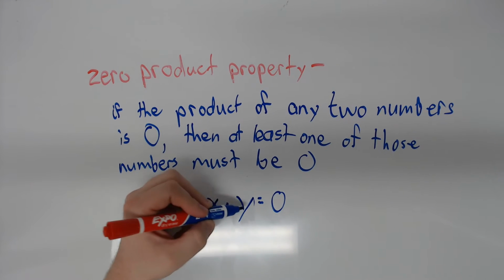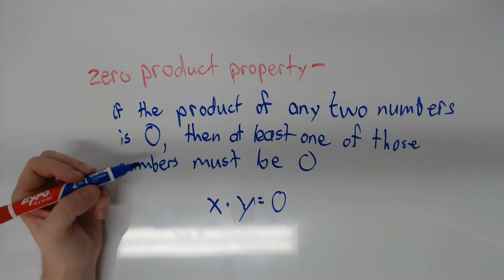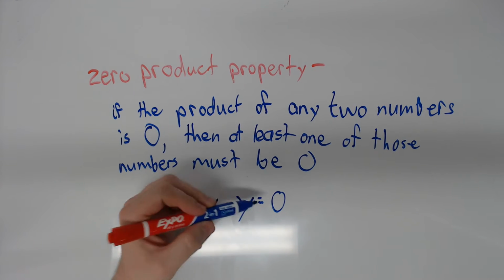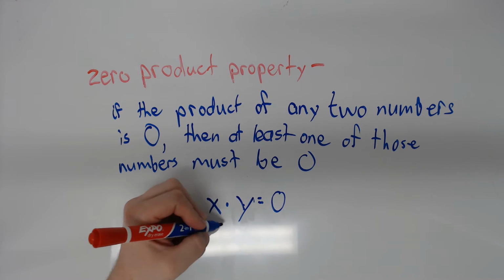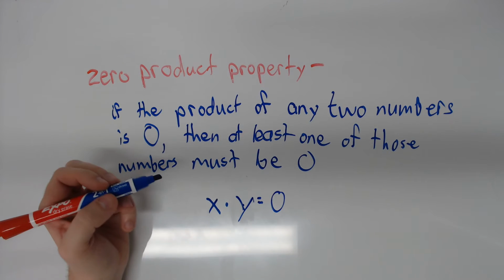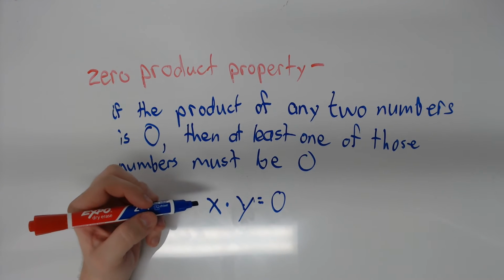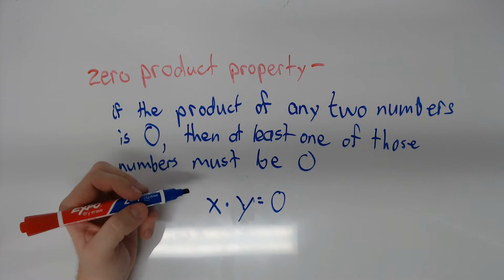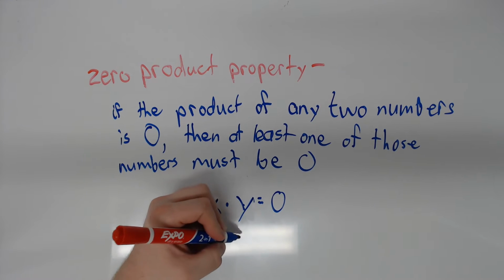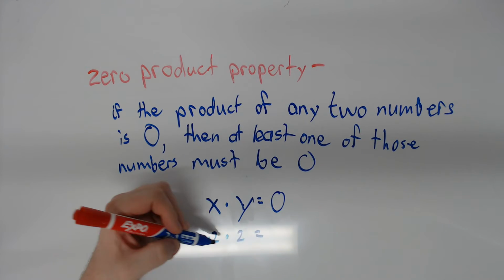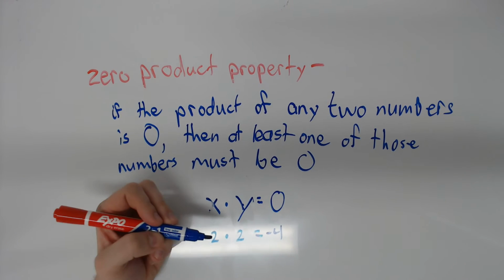I don't know which of these is 0, x or y, but at least one of them has to be for this to be true. Can you think of any two numbers multiplied together that would make 0 without either of them being 0? The answer should be no. If I do -2 plus 2, I'll get 0, but if I do -2 times 2 and choose opposites, I get -4.